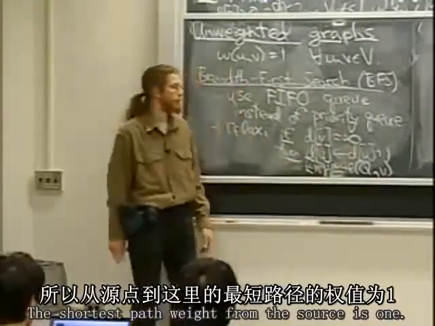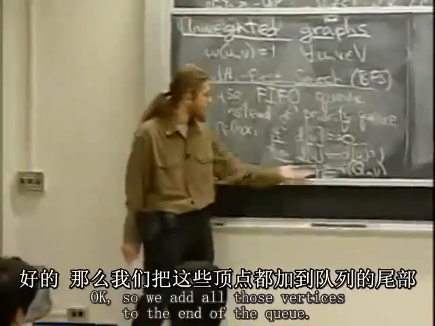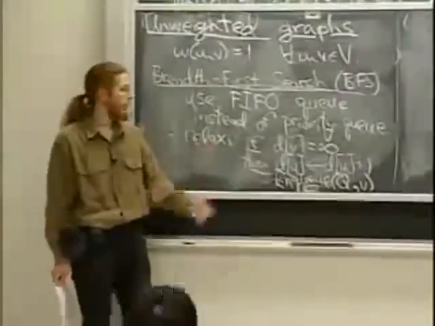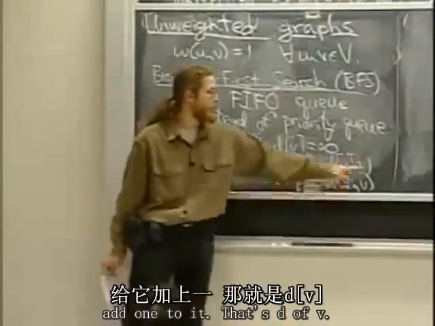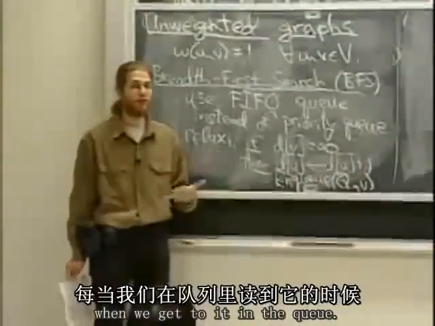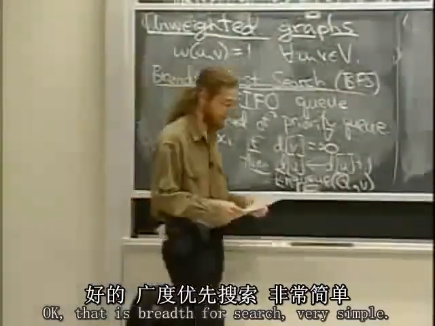Shortest path weight from the source is 1. Certainly can't do better than that if all the weights are 1. So we add all those vertices to the end of the queue. Then we process things in order, and we just keep incrementing: if their value is d of u, add 1 to it, that's d of v. And then we're going to add v to the queue when we get to it. Okay, that is breadth first search, very simple.